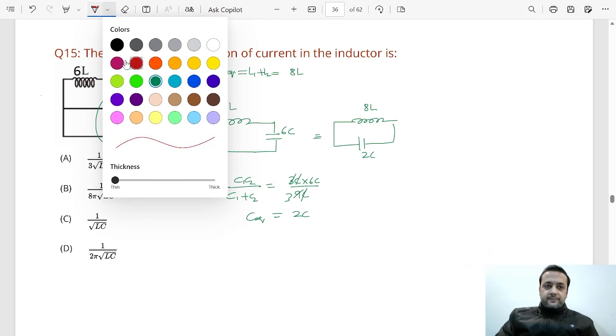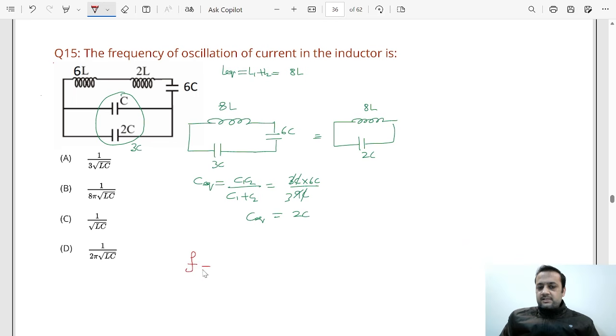Now we know that the frequency of the oscillations is 1 upon 2 pi under root LC, where L is L equivalent and C is C equivalent. L is the overall inductance here, which is 8L, and C is the overall capacitance here, which is 2C. So how much will this become?